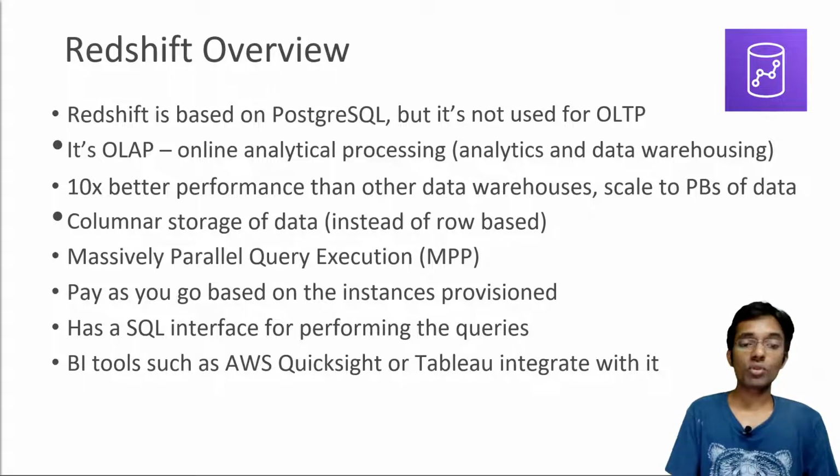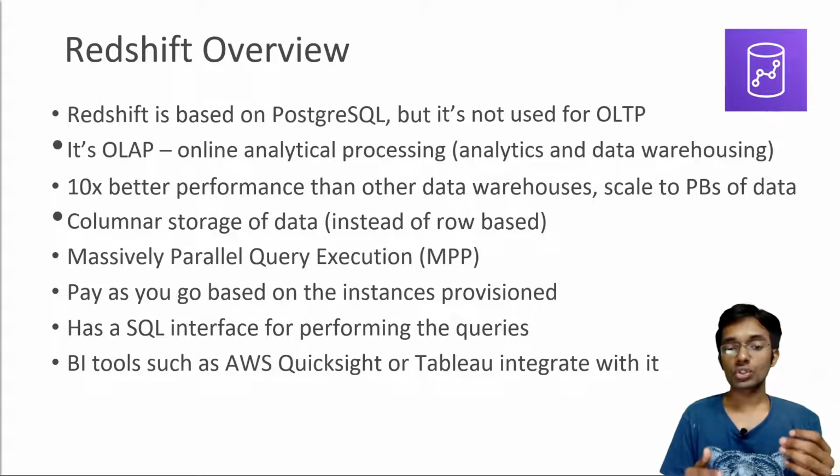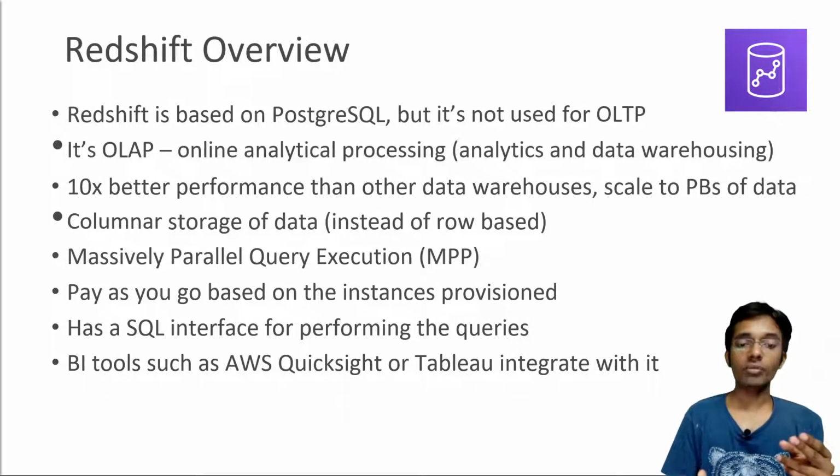The sole point of Redshift, at least, is that it has better performance than other data warehouses, and it can scale to petabytes of data. The particularity of Redshift is that the data is not stored as rows; it is stored as columns. So it's called columnar storage of data, and the reason is that if you want, for example, to sum or average a column, then it can read all the values at once.